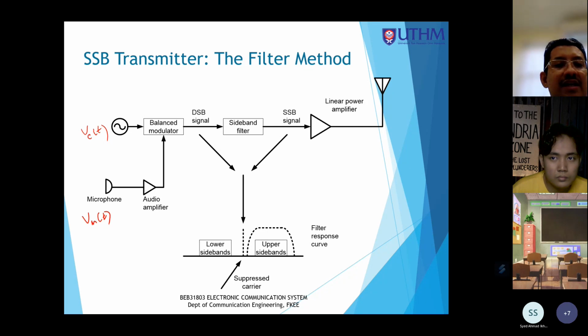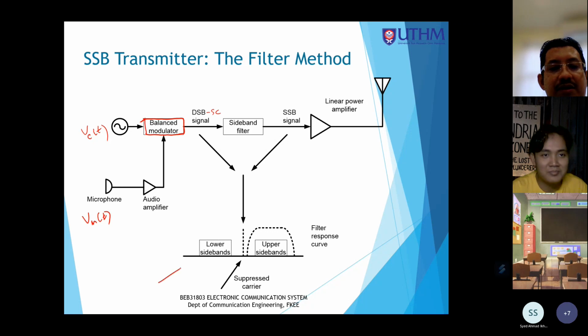It goes through the balance modulator. Ingat lagi balance modulator macam yang kita lihat tadi. Balance modulator produce double sideband suppressed carrier, so kita akan hasilkan lower sideband dan juga upper sideband. There's no carrier component.